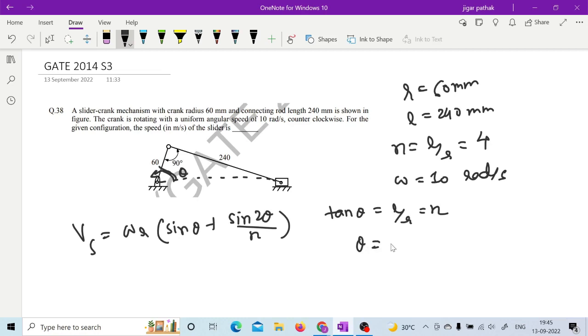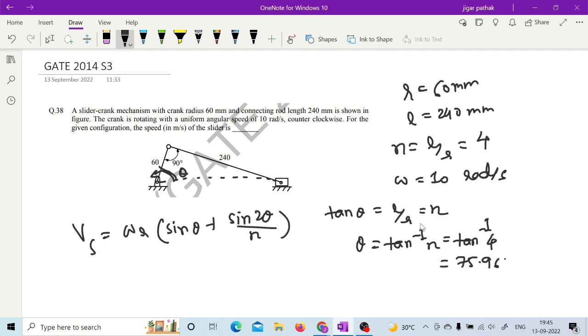So your theta is tan inverse n. n is 4, right? So your theta is tan inverse 4. So it is around 75.96.